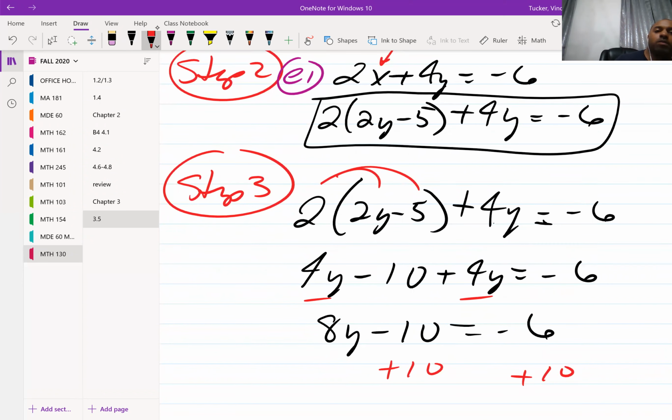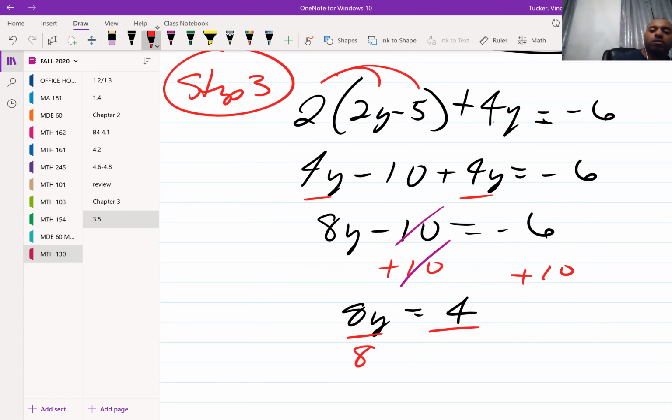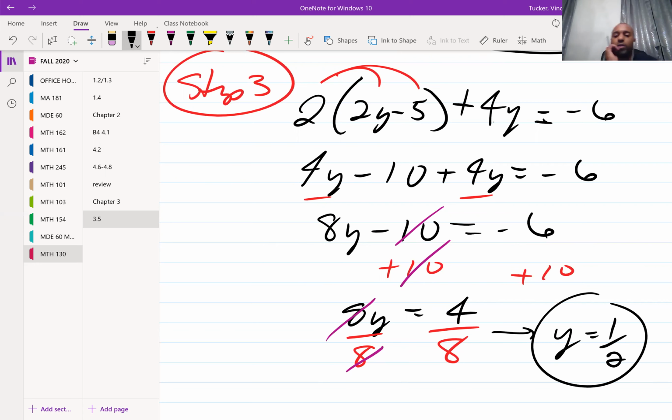Add 10 to both sides. 8y is equal to 4. Divide by 8. y is equal to 1/2. Reduce 4/8.